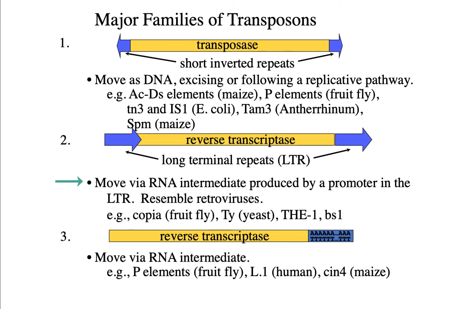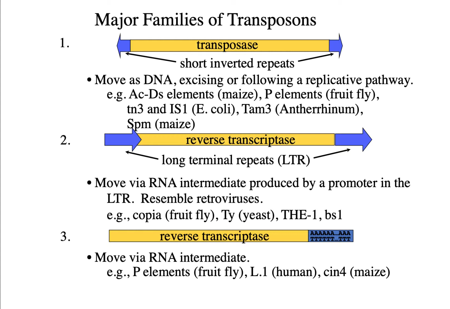So all of them have a promoter region in the LTR, and they resemble retroviruses. A few examples are copia in fruit fly or Drosophila, Ty in Saccharomyces, THE1 and BS1.